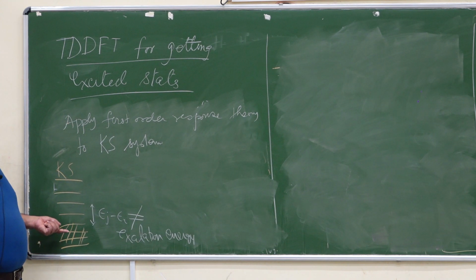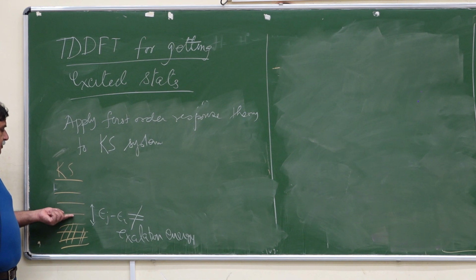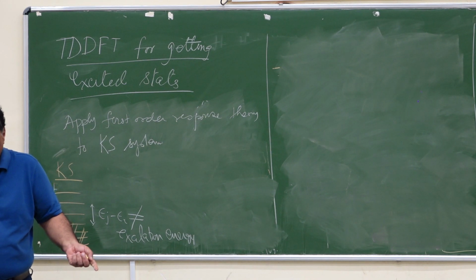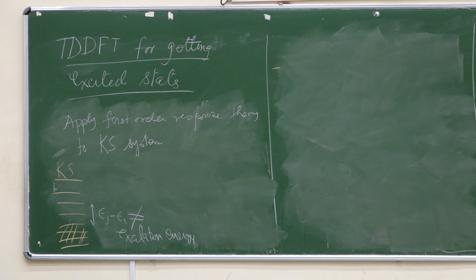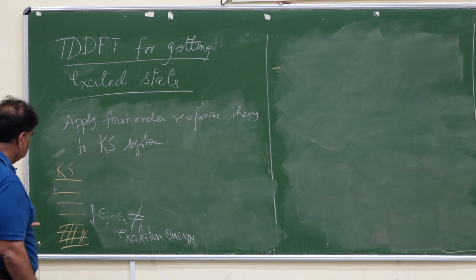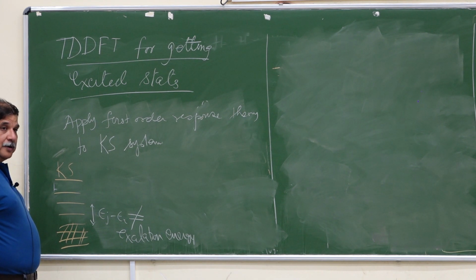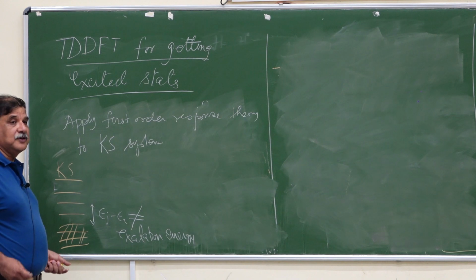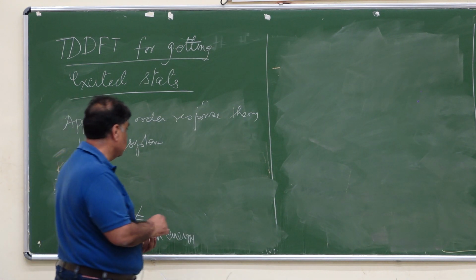Because these epsilons have no meaning. In Kohn-Sham theory, only the uppermost has a meaning of removal energy, but these virtual orbitals have no meaning. You can calculate them, but they are meaningless. The only meaning is there in the occupied orbitals, right? So the question is, can I relate this gap to excitation energy? That's the question we're asking.